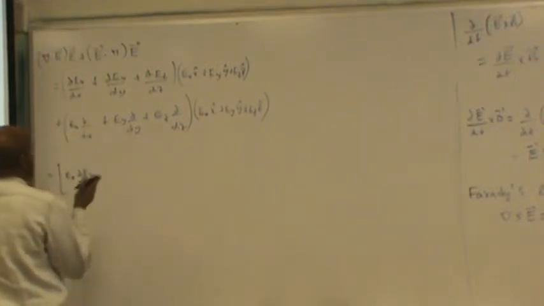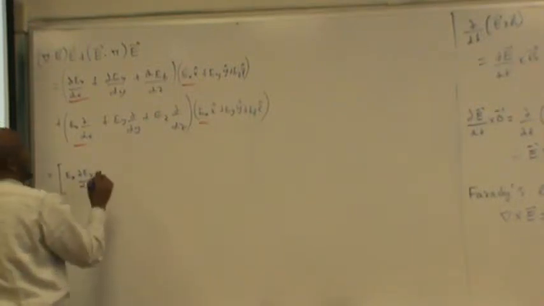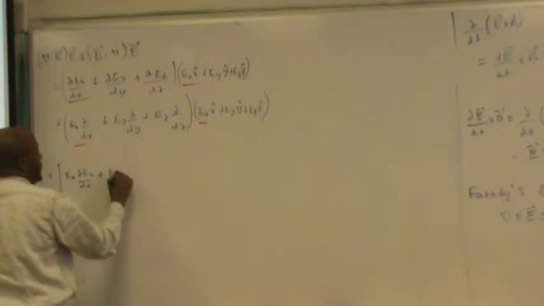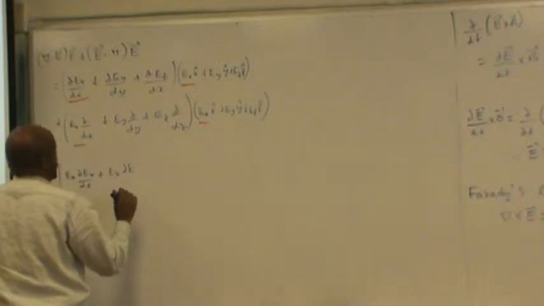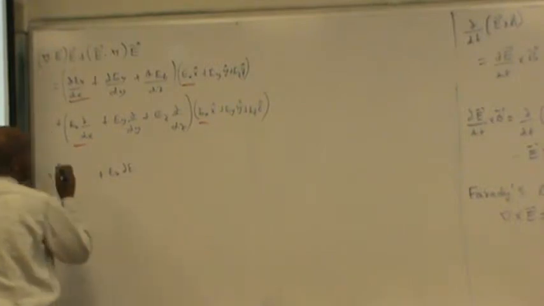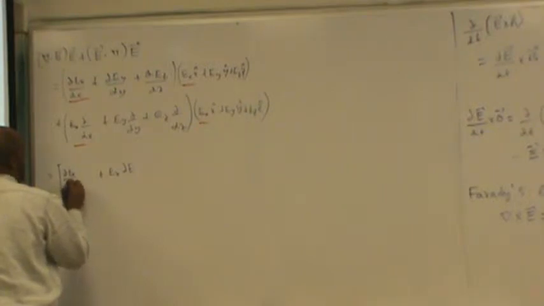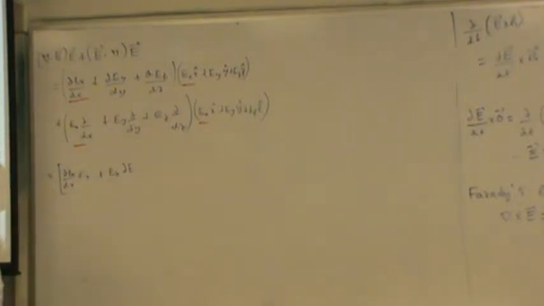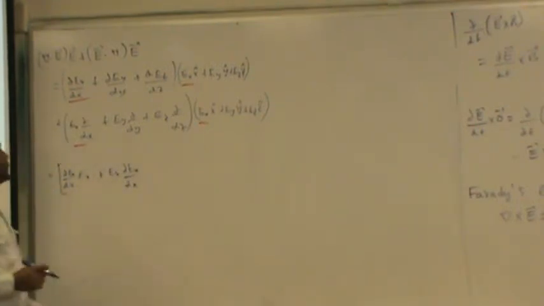We're just considering this and that, this and that. So you would have plus Ex dEx by dx. So that's what we get from the first step, right?